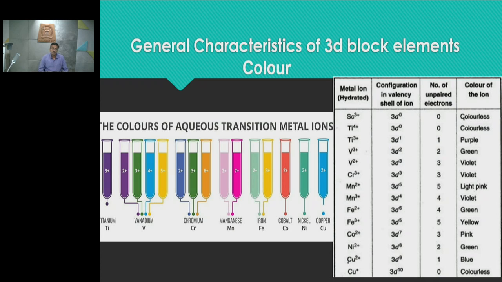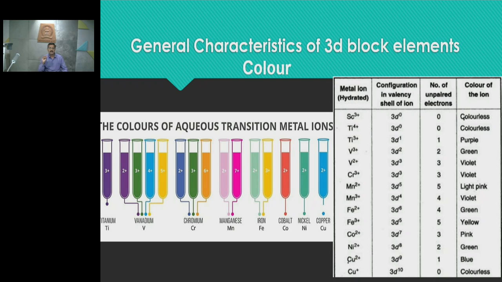So different elements with different oxidation states show different colors. Why these colors? Titanium +3, vanadium +2, +3, +4, +5, then chromium +2, +3, +6, manganese +2, +7. These are different colors for different oxidation states of the same element.